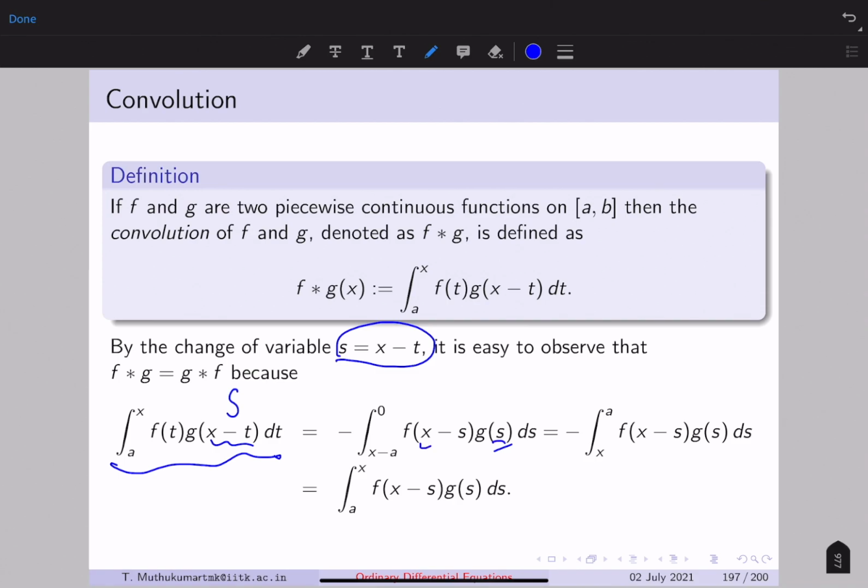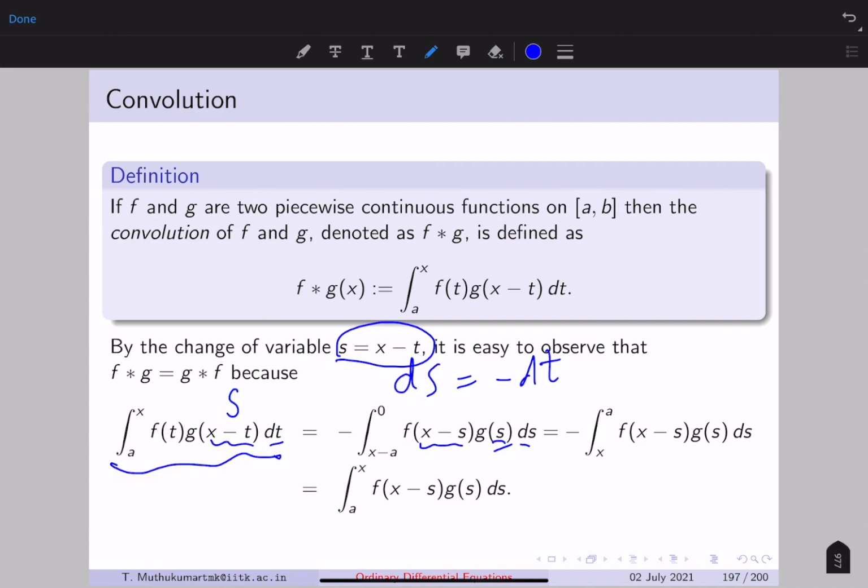Since t is running from a to x, whenever t runs from a to x, then s will run from x minus a to 0. And then ds is minus dt, so replacing dt by ds will bring this minus sign. So just by this change of variable we get this.